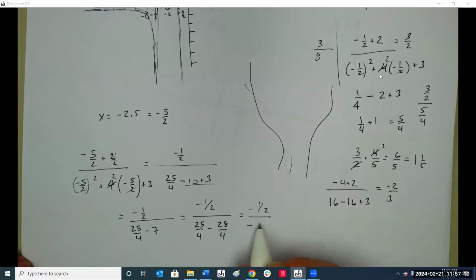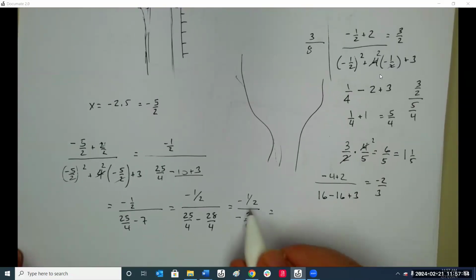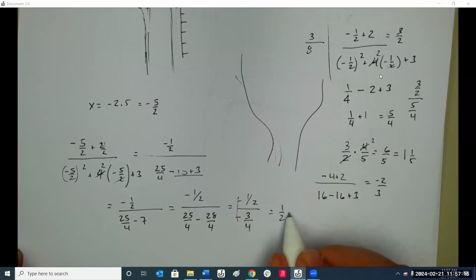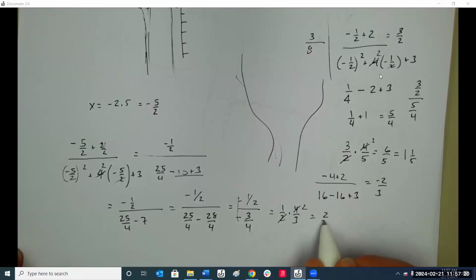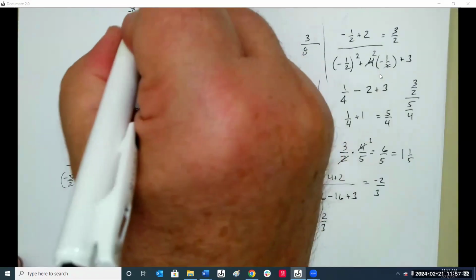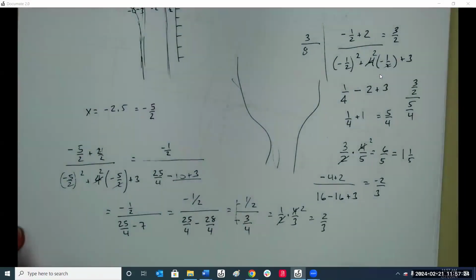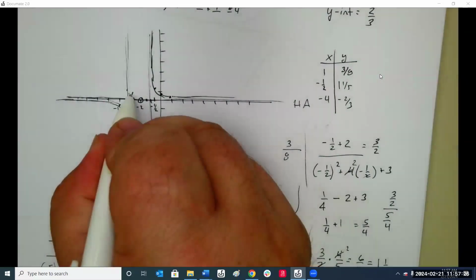That should be -3/4. The negatives cancel, so we have 1/2 times 4/3, which is 2/3. For our graph, it's positive.